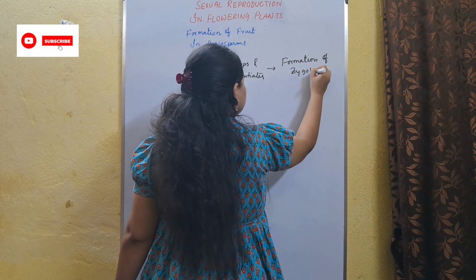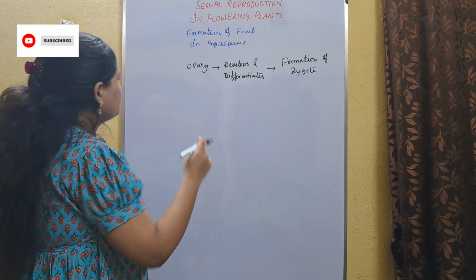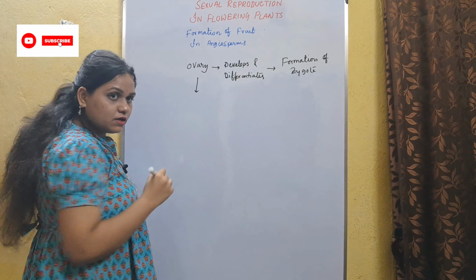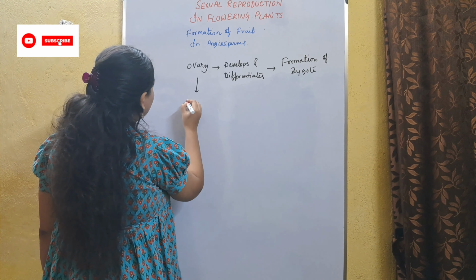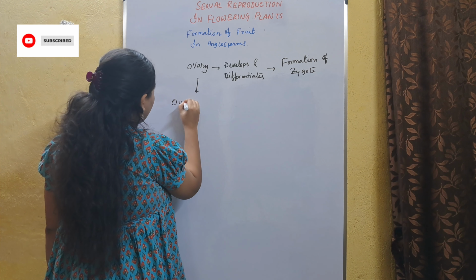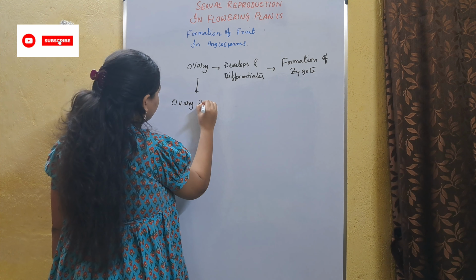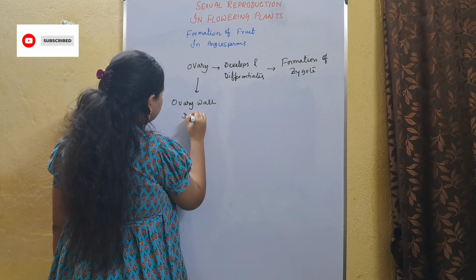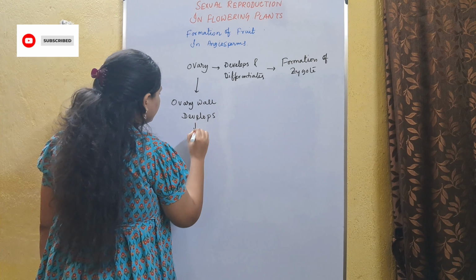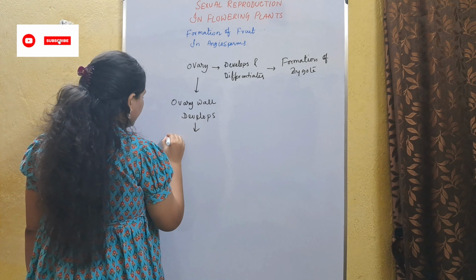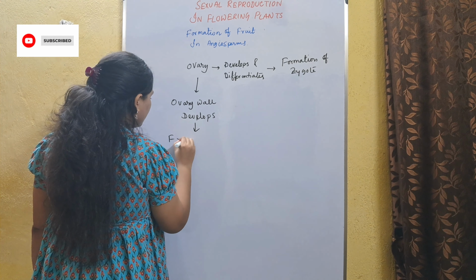That is one function of the ovary, but another function of the ovary is the formation of fruit. The ovary wall develops and forms the fruit wall, or in one word, the pericarp.